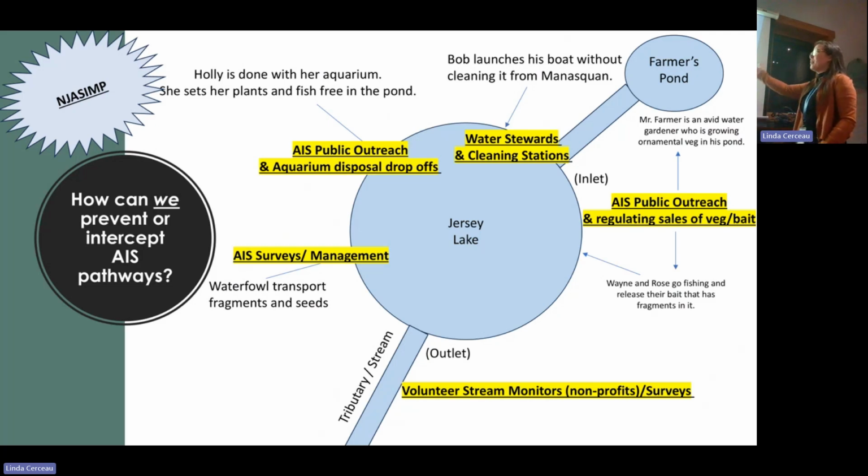This includes AIS public outreach, creating aquarium disposal drop-offs so that people don't dump into the waterway, having boat stewards or water stewards at boat launches with cleaning stations, collecting data to understand how boats are moving across New Jersey, regulating the sales of vegetation and bait through the aquarium trades, and working with nonprofits with their volunteer stream monitors and stream monitoring programs, doing surveys and conducting management.